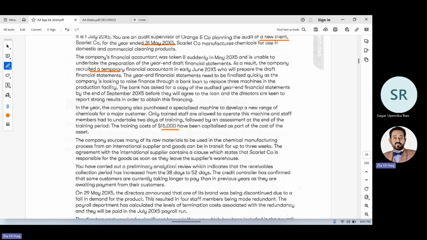The agreement with the international supplier contains a clause which states that the company is responsible for the goods as soon as they leave the supplier warehouse. So you have to record inventory when it is transported from the supplier warehouse. The company is responsible for that inventory, not the supplier. But the company might have a policy to record inventory when it arrives at our premises, because inventory should be physically there.